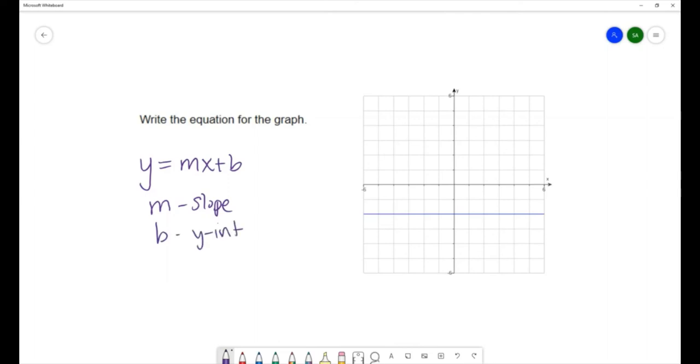So if I can identify the slope and y-intercept of this equation, I'll be able to write the equation of this graph. So I'm noticing that this graph has a y-intercept at 0, -2.